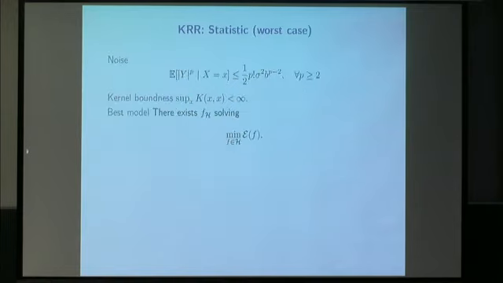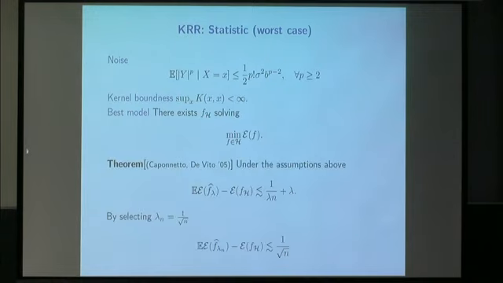By making very basic assumptions on the distribution of the output with respect to the input, we ask it to be sub-exponential, the kernel to be bounded, and that there exists a solution for this problem.